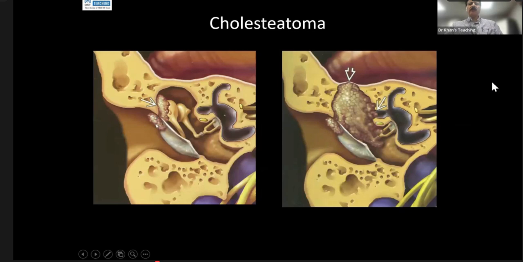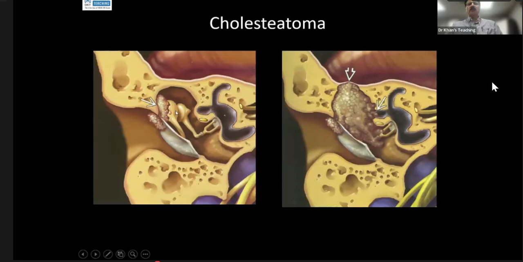And many times the clinicians tell us that I can see a cholesteatoma. Please see what is happening inside. Tell me the roadmap, what to do when I'm going in, what to expect. So this is a classical pars flaccida cholesteatoma. And gradually it will erode this scutum. This is in the Prussak space. And it will erode this ossicle.